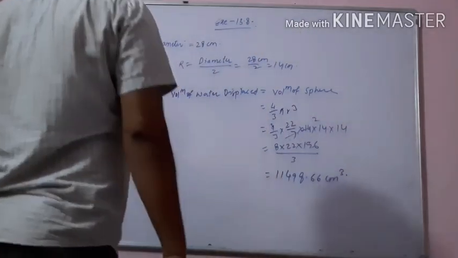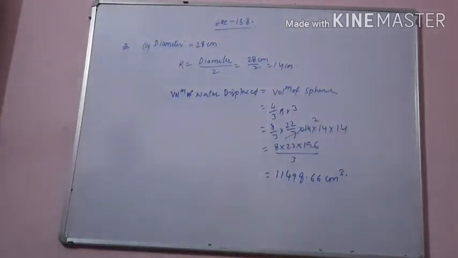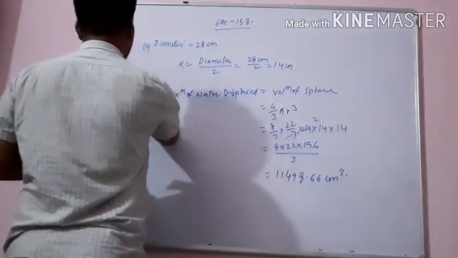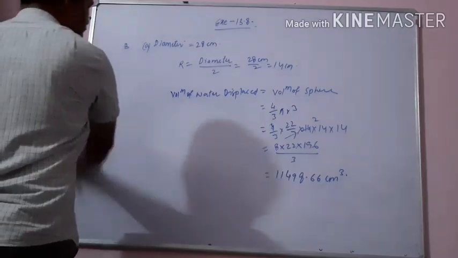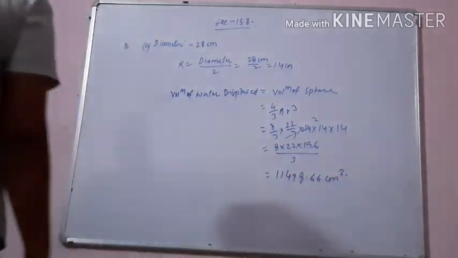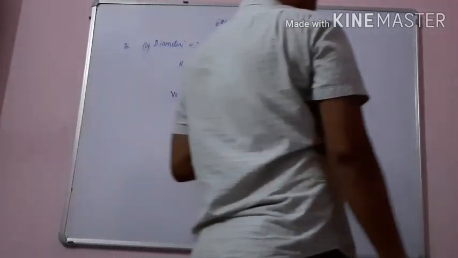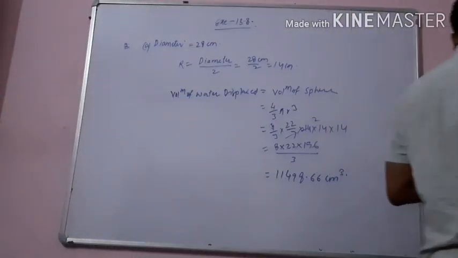This much water will be displaced when we put a sphere whose diameter is 28 centimeter. Now moving to the next question, question number 3.